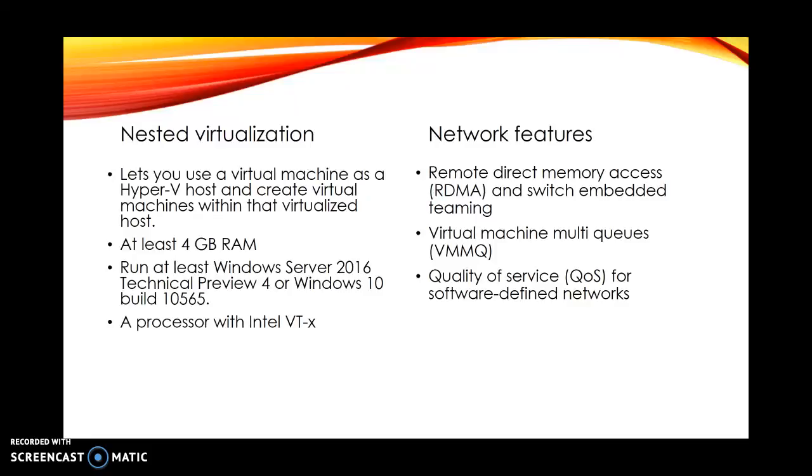SET provides a virtual switch with some of the same capabilities as NIC Teaming. Also, virtual machine multi-queues improve the VM queue throughput by allocating multiple hardware queues per virtual machine. The default queue becomes a set of queues for a virtual machine, and traffic is spread between the queues. And quality of service for software defined networks allows you to manage the default class of traffic through the virtual switch within the default class bandwidth.